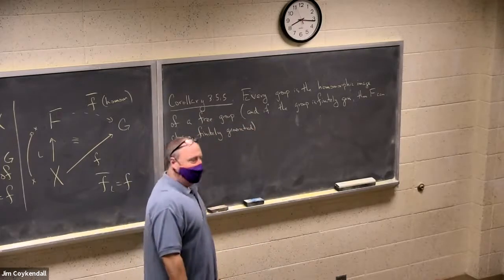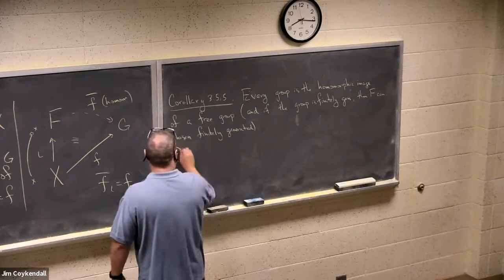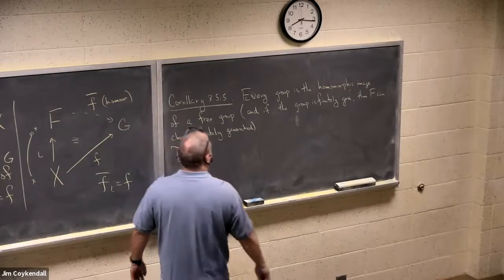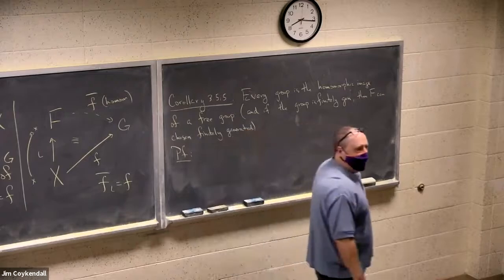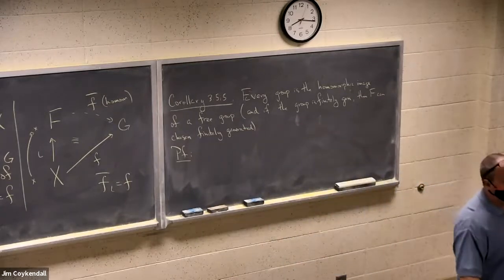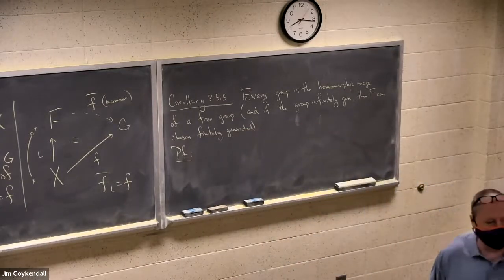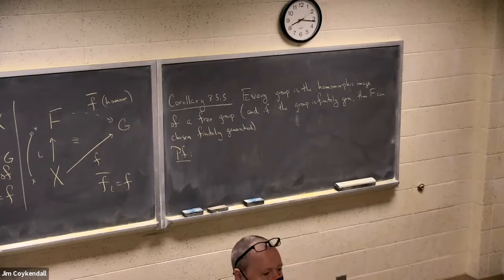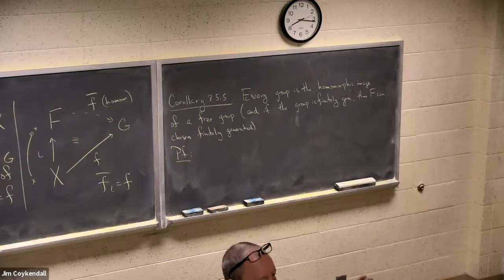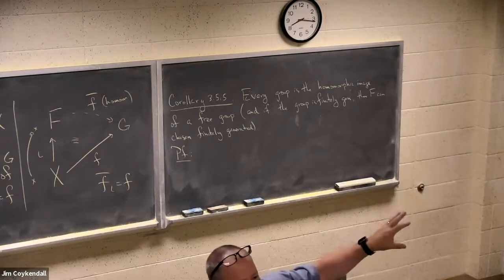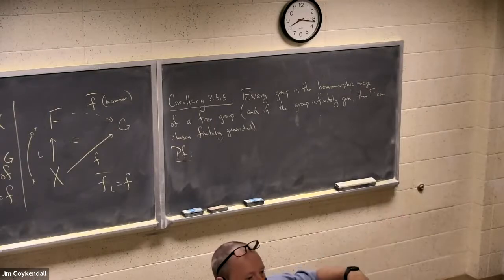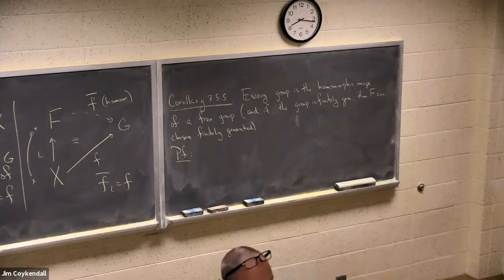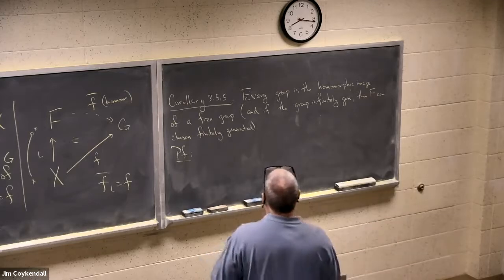That last statement I will make clear and prove. This is really kind of cool because that means that every group, any group that you ever encounter, and this is a theorem that I promised, is the homomorphic image of a free group. So in other words, given any group, you can find a free group F and a normal subgroup N of that, such that F mod N is isomorphic to that group.